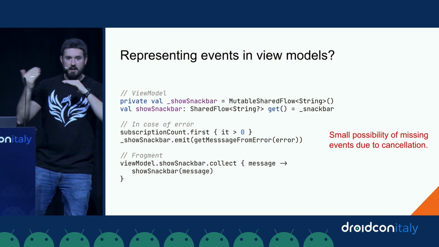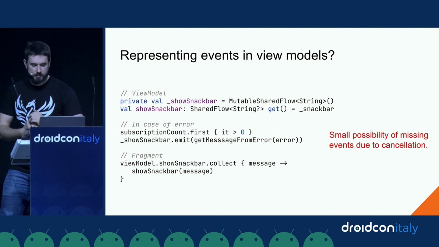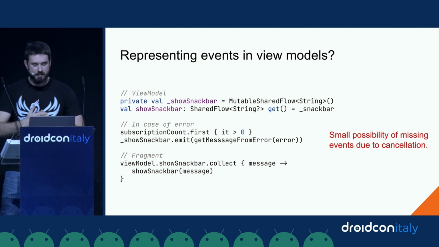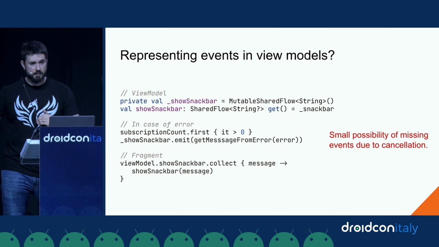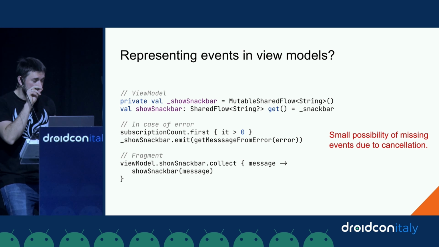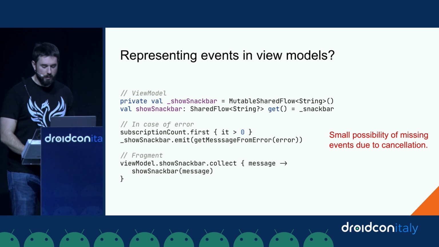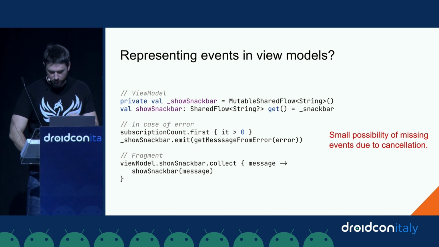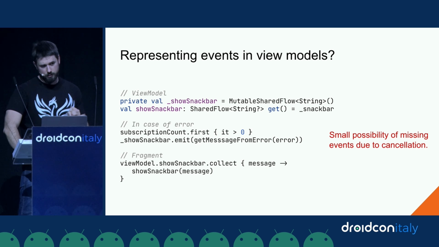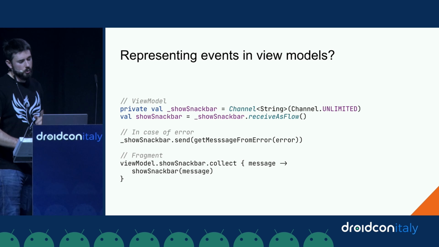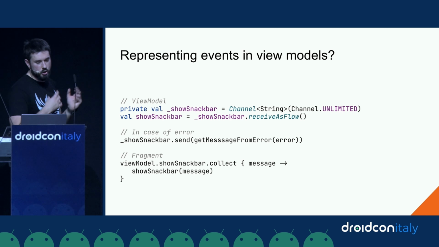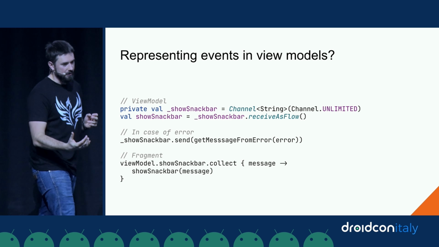As far as I know, it shouldn't happen if you emit this error in Dispatchers.Main.immediate. It's a very tiny possibility, but there is a possibility, and you need to be aware of it. Another approach with exactly the same problem is using a channel. Channel is slightly different.